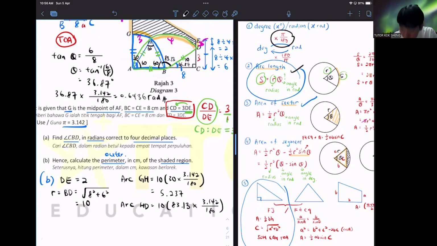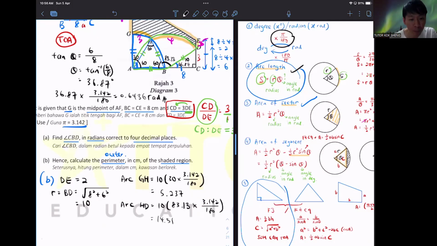Pi over 180. Okay. 83.13 times 3.142 over 180. Sorry. Need times 10. 14.51.